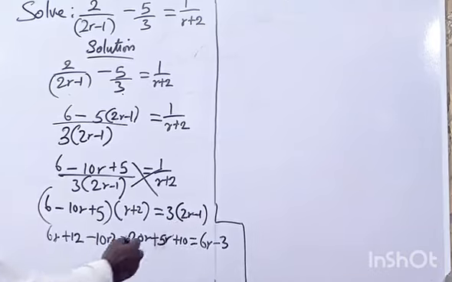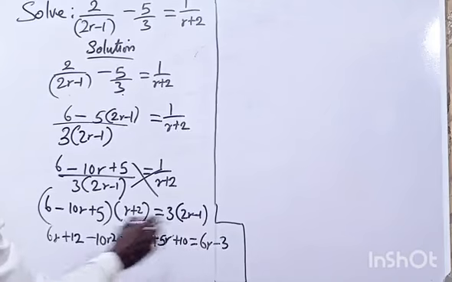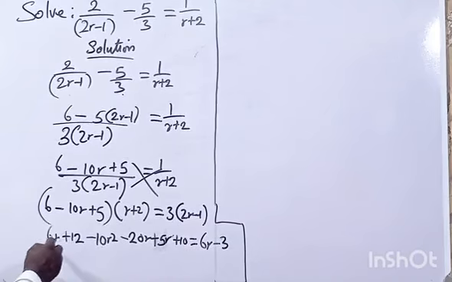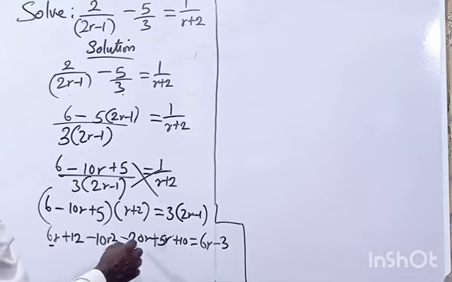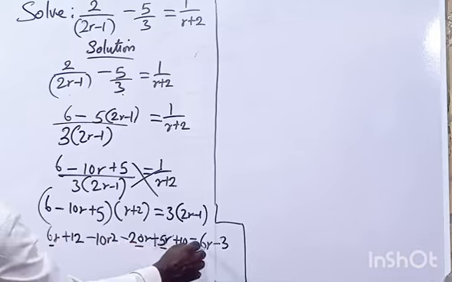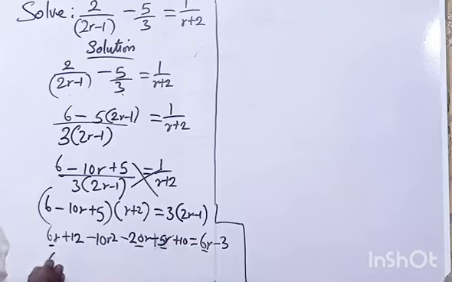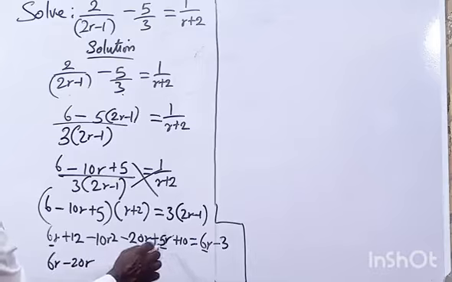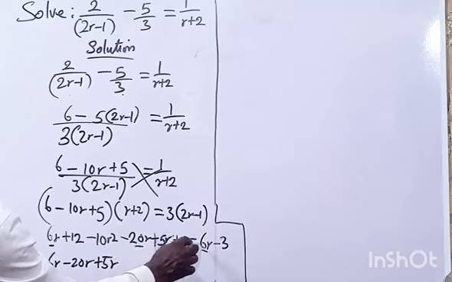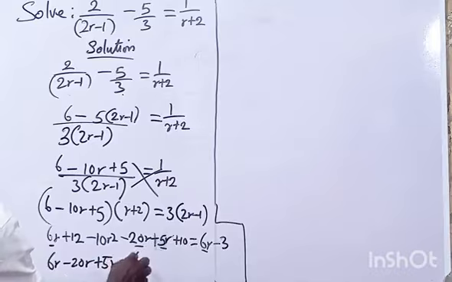Now going further, we are going to collect like terms. So we collect all the terms in x first. We can start with x squared, it doesn't matter. Let's pick all the x terms. We now have 6x, then minus 20x, which is this, then plus 5x, which is this, then this one will come here and becomes minus 6x.